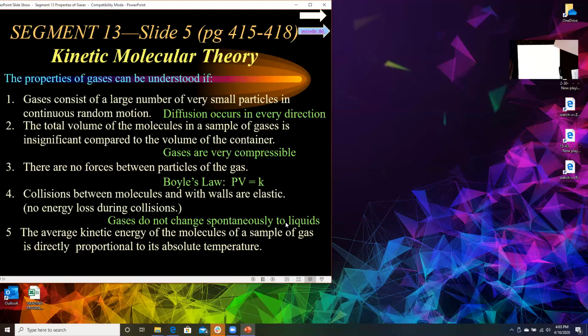So it is constant and it is independent. So this rule number 5 for the kinetic molecular theory is really universally applicable to all substances at all phases.